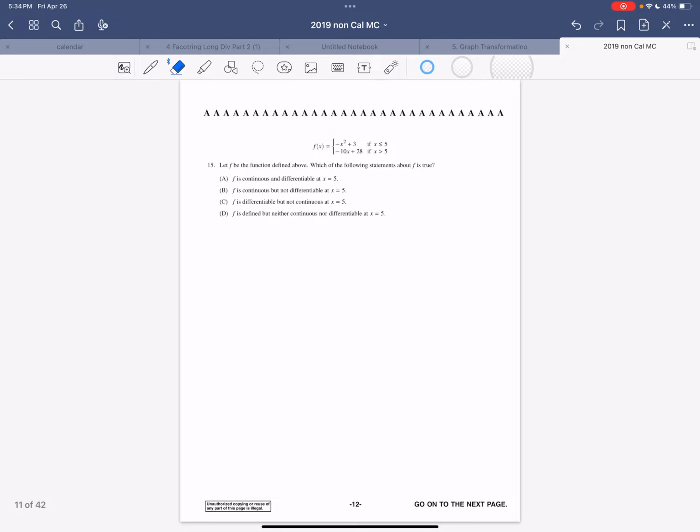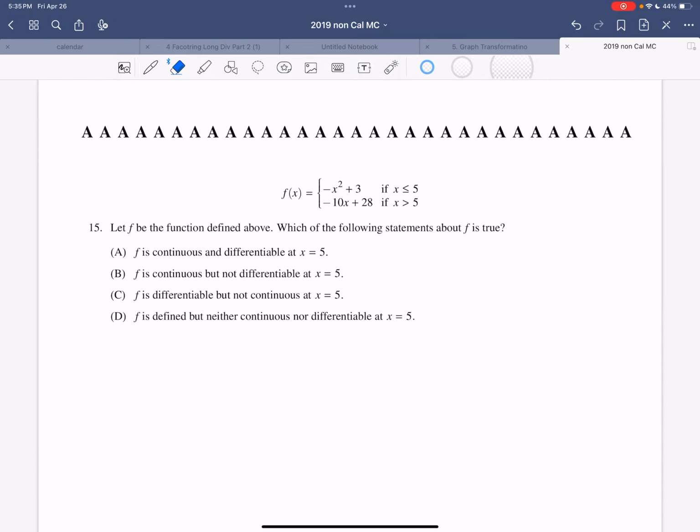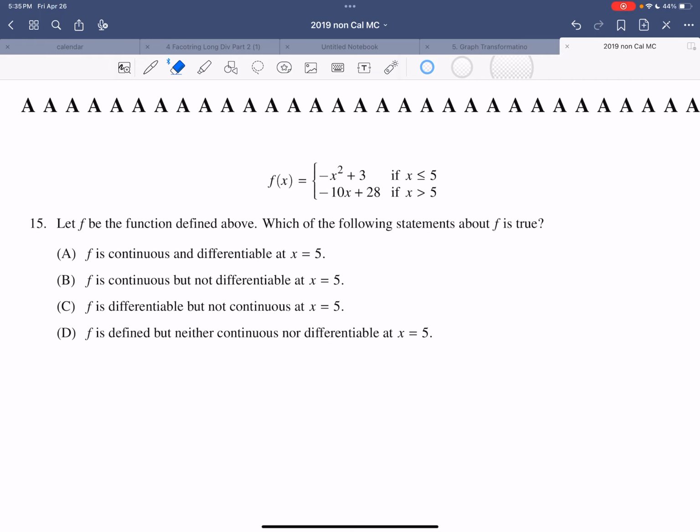Now let's try question number 15. This is very easy. Question number 15 says you got this function, and the question is asking which one is continuous and which one is differentiable. Simple. If f of x from the left is equal to f of x from the right, then it is continuous.